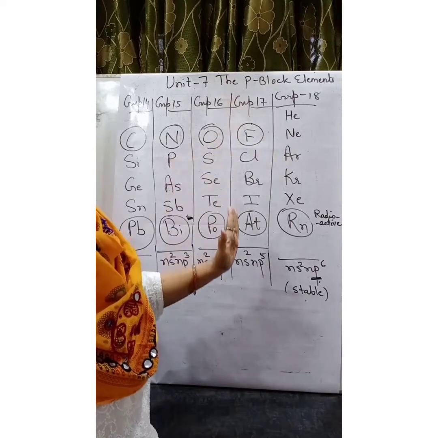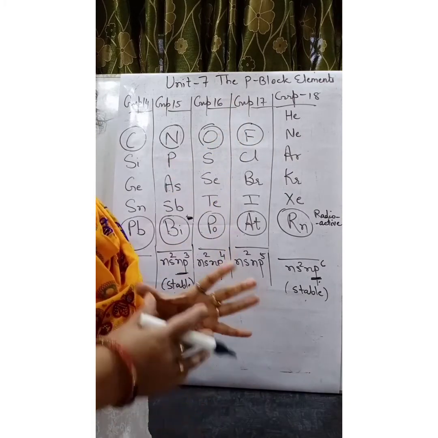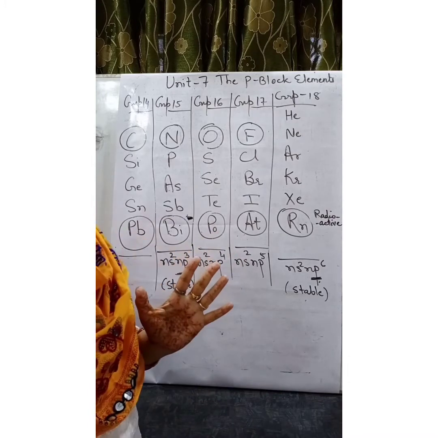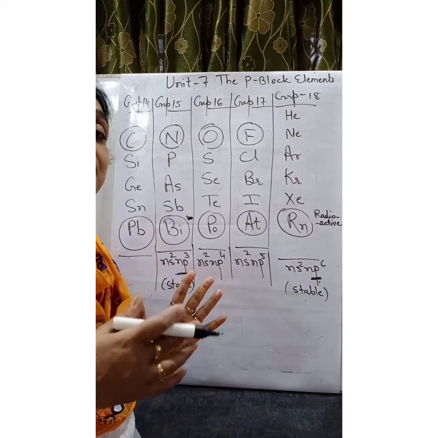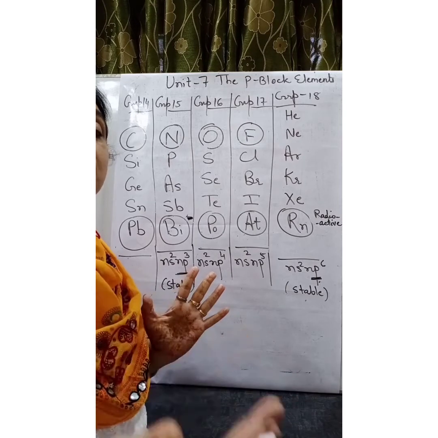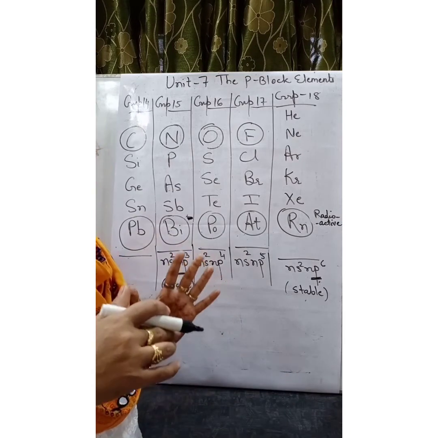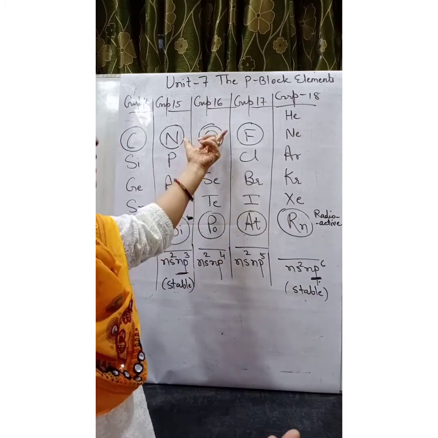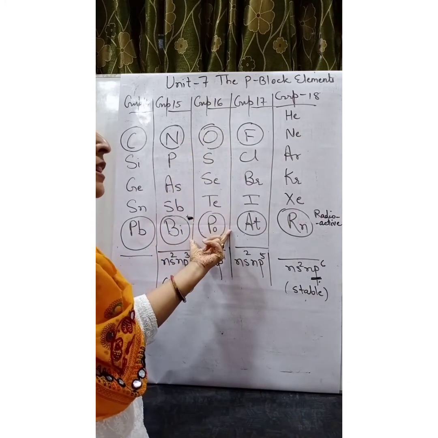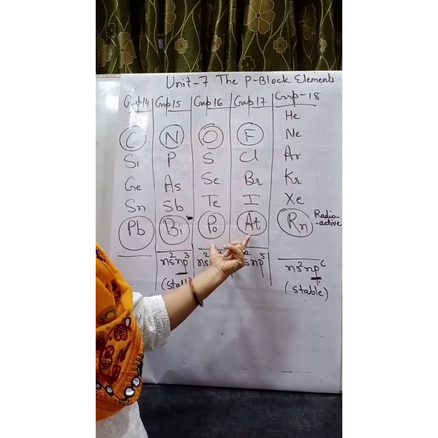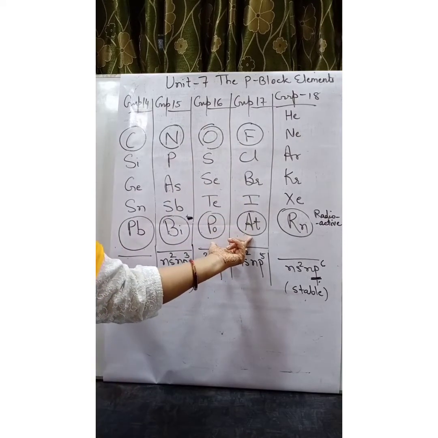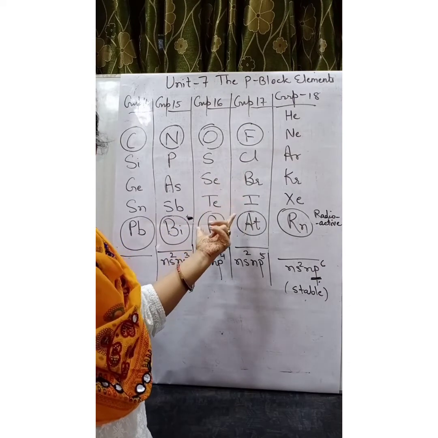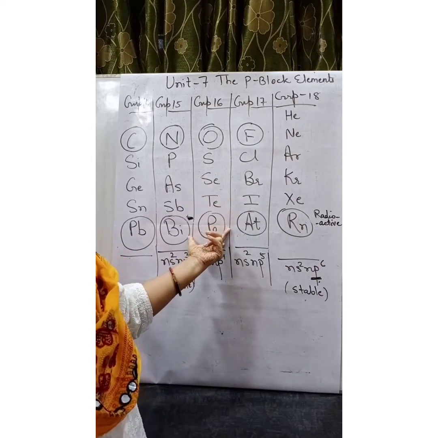When we move from top to bottom, atomic size increases. The nucleus is not able to attract its own electrons. In such a situation, if an electron comes from outside, the nucleus is not interested in attracting that electron. So what happens to electron gain enthalpy when we move from top to bottom in a group? In a group, electron gain enthalpy decreases.